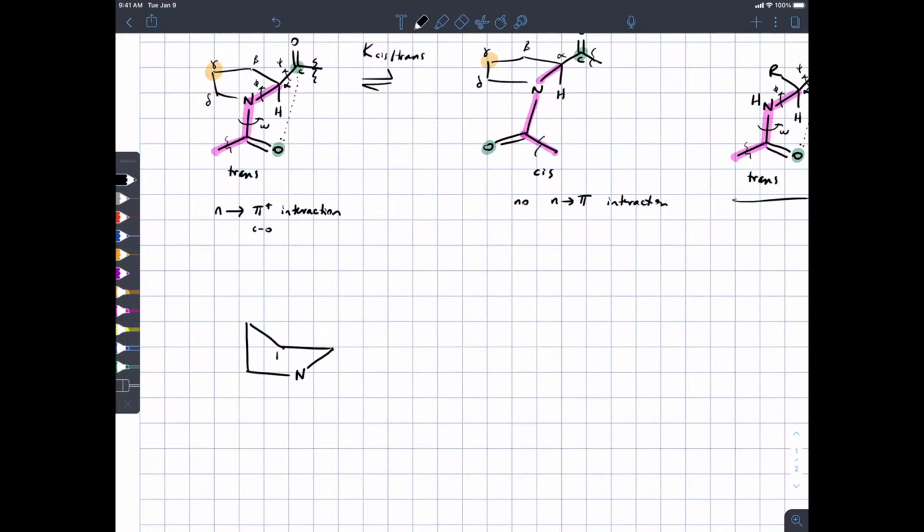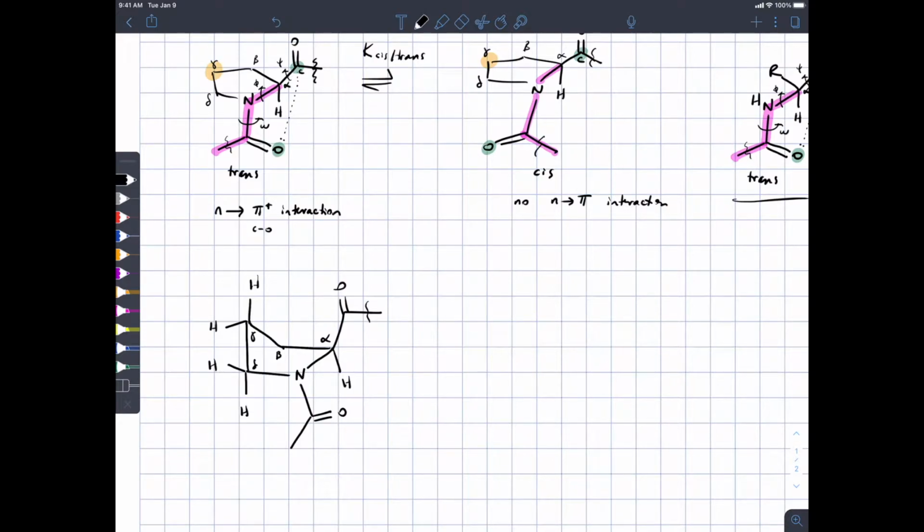Okay, so beta carbon, gamma carbon, delta carbon. Here's the carbonyl carbon. Here's the alpha carbon. Here's a proton. And then what will be important for our discussion is to fill in protons there so we can think about ring conformations.